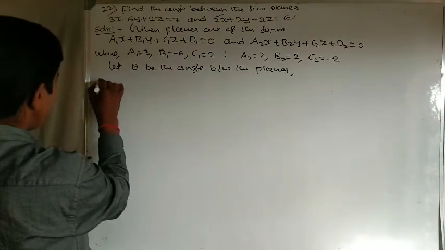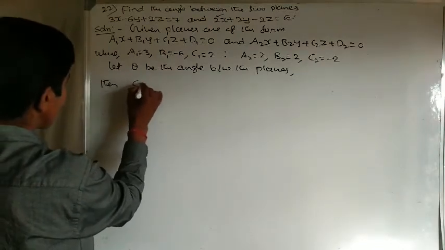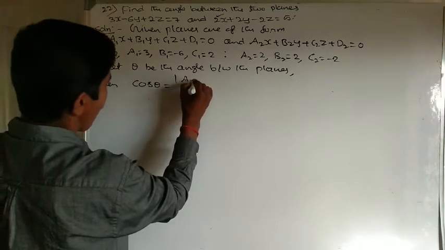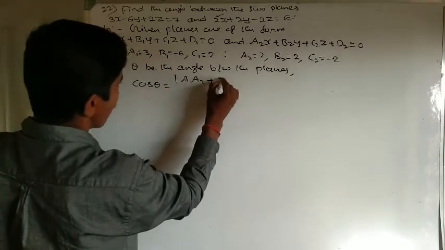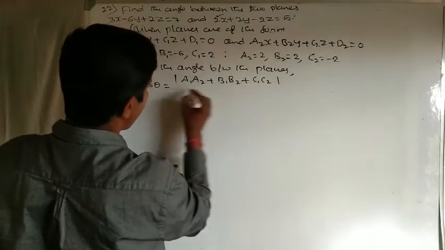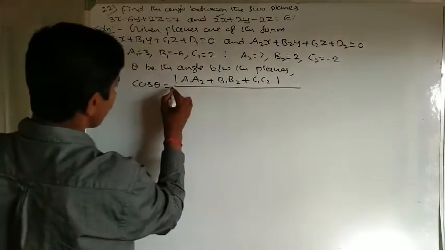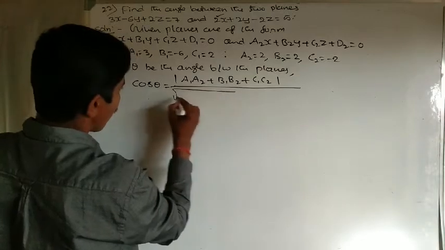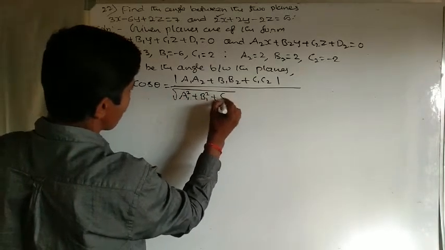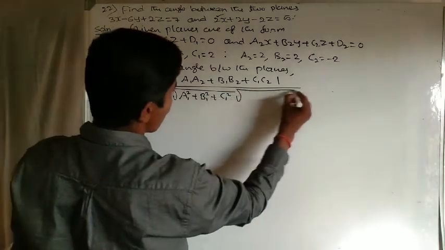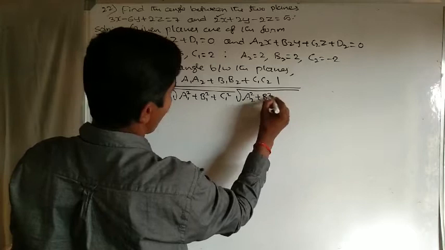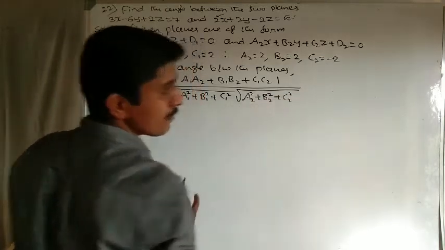Then cos theta is equal to modulus of a1 a2 plus b1 b2 plus c1 c2 divided by square root of a1 square plus b1 square plus c1 square into square root of a2 square plus b2 square plus c2 square.